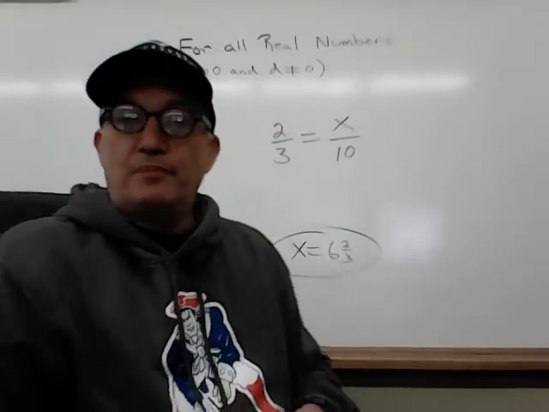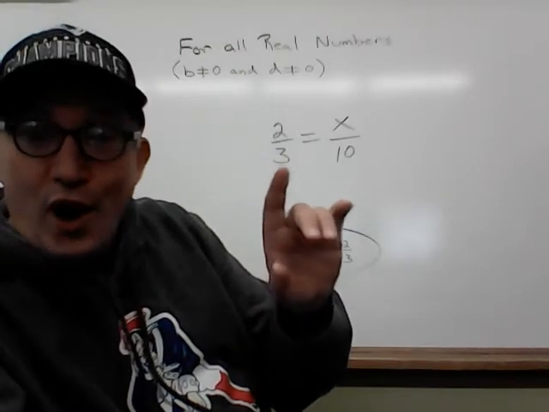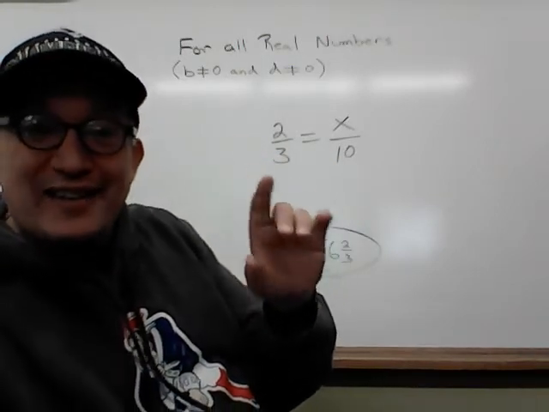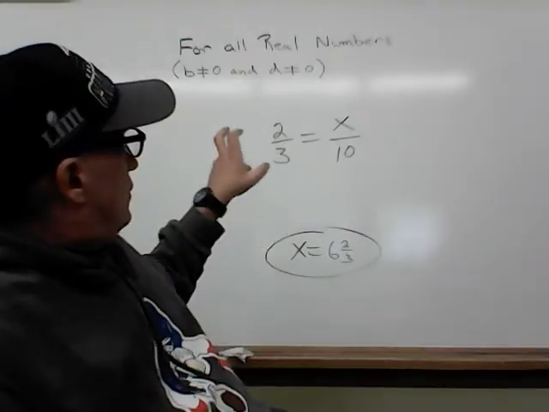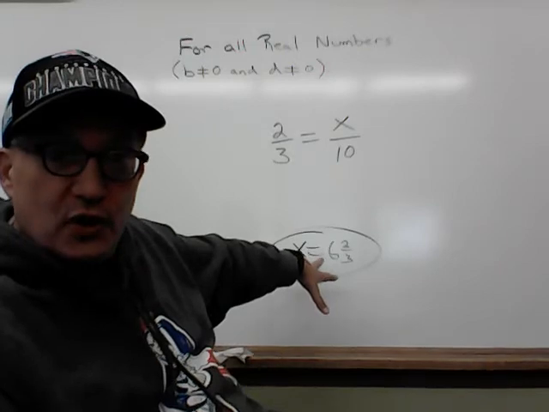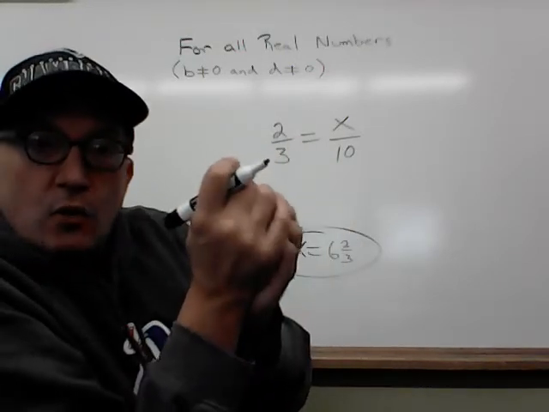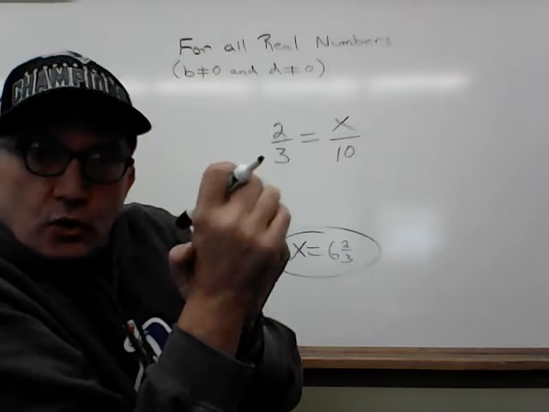Here's the same problem. Now, I do want you to automatically know that 3x equals 20 and instantly get to x is 6 2/3, like we just saw. But I want to show you another way.